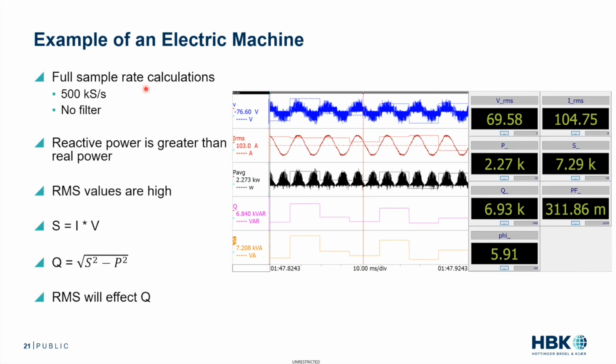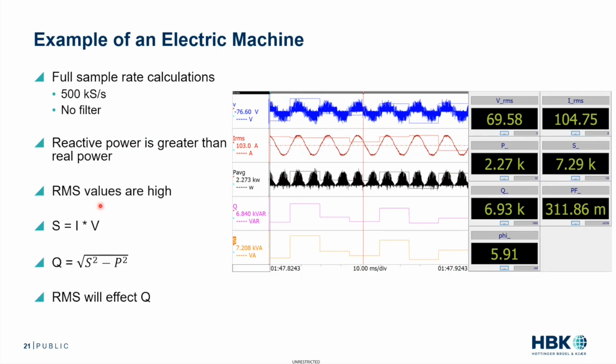So, full sample rate calculations, 50 kilohertz, no filter. Apologize, I had it written down. We see our voltage has, again, the high frequency inverter. Our current has a little ripple to it, but is relatively sinusoidal. Our power has those high harmonics.